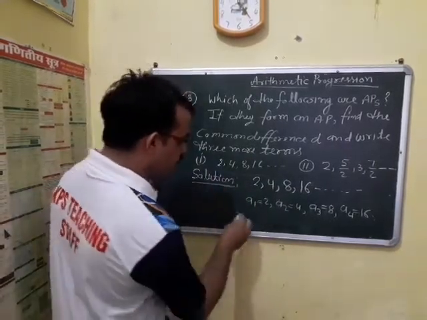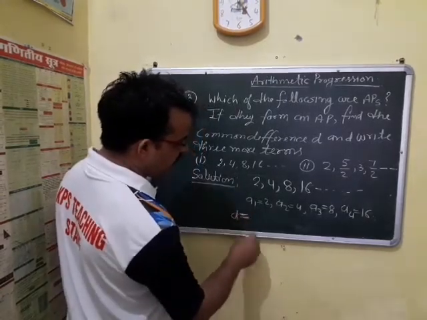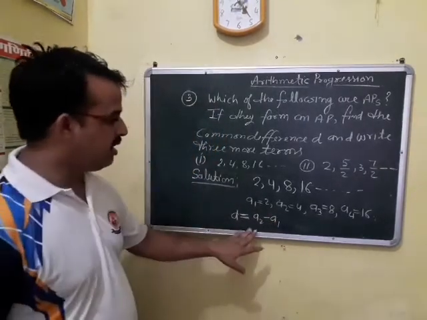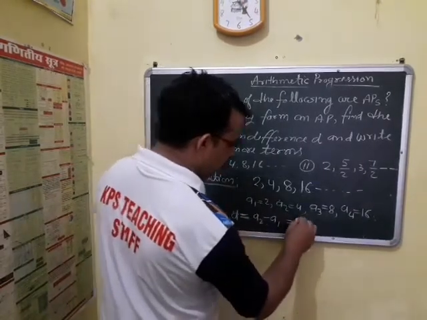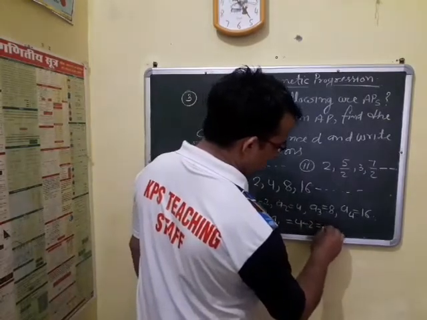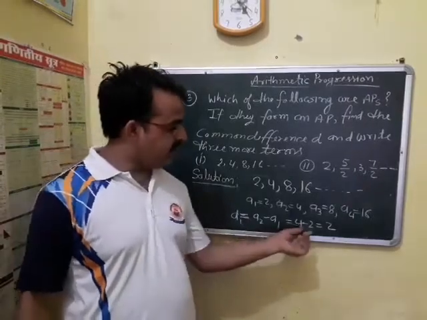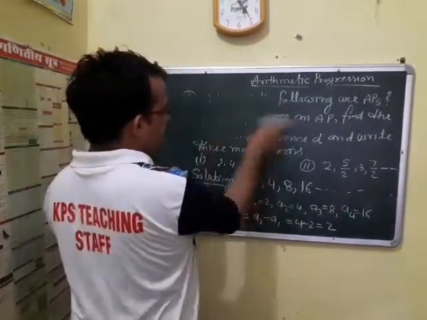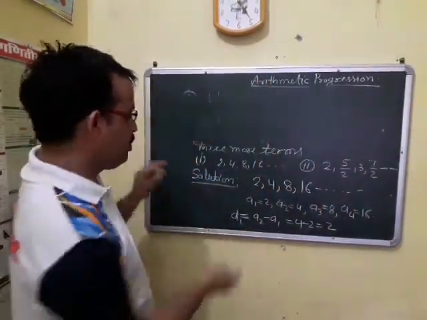Find the common difference D, so A2 minus A1. A2 minus A1. So what we get here, A2 is given 4 and A1 is given here 2. So we get here 2. So D1 is given here. First common difference we find this one is 2. And let's check the other here. D2 find here.